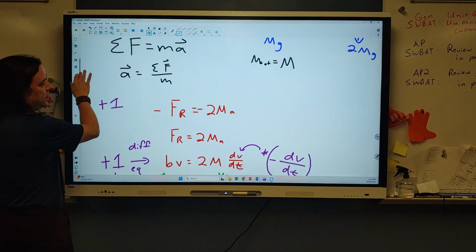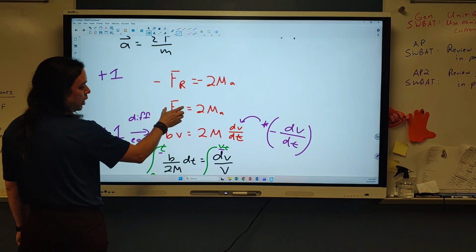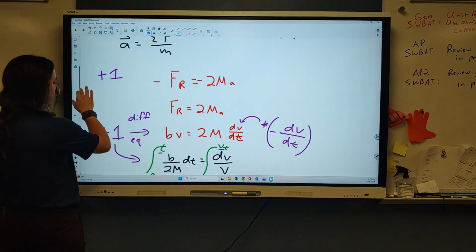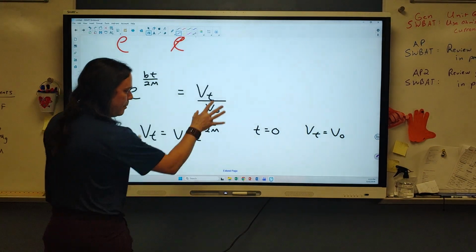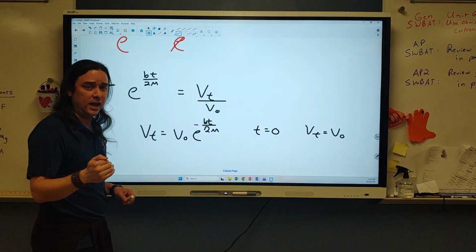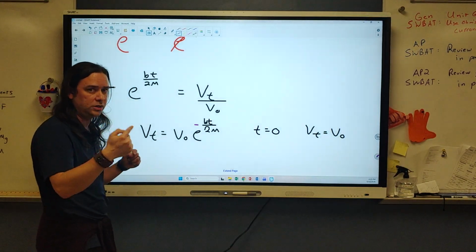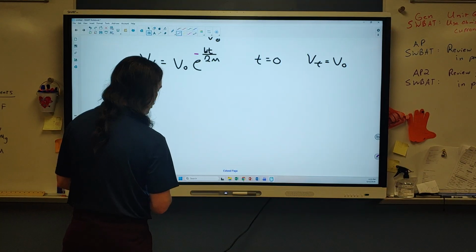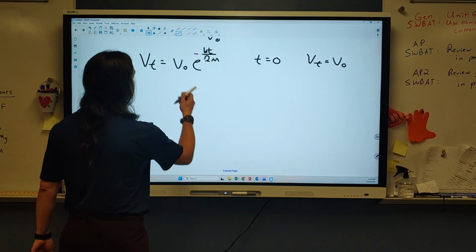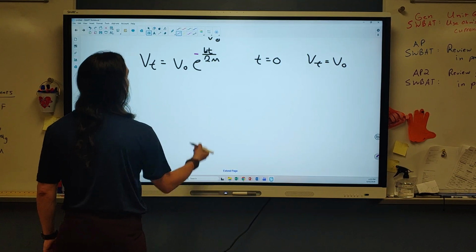It might also be that when you replace FR, you would end up with negative BV. That might be embodying the same thing, but I don't know. And that's why I'm emphasizing this, because once again, the logic has applications in a later class as well. Okay, moving forward. This sets us where we have our velocity as a function of time.